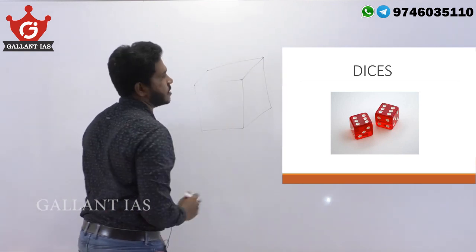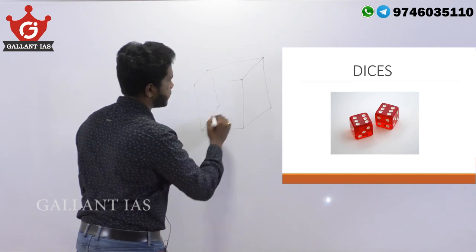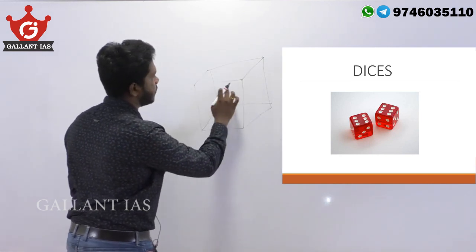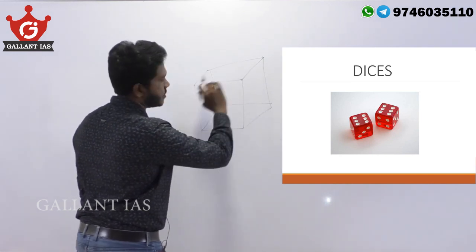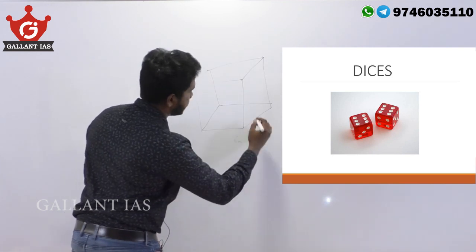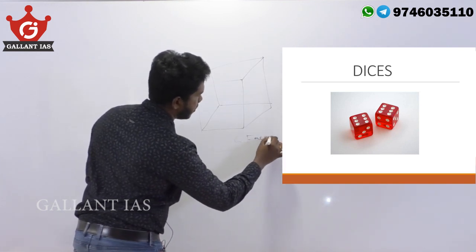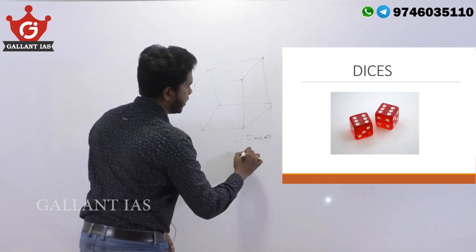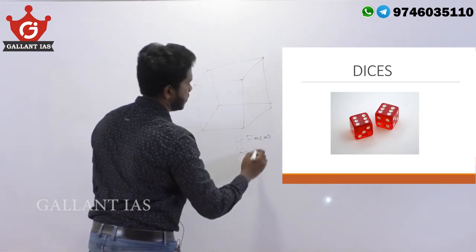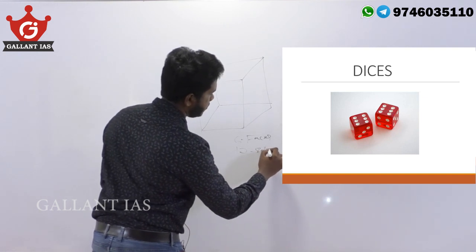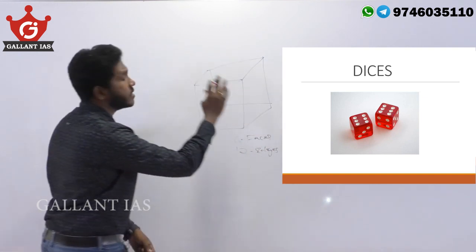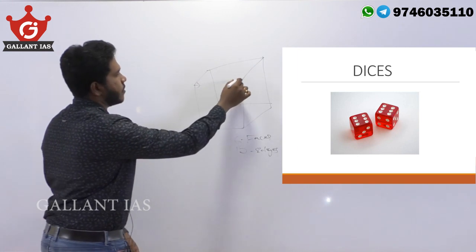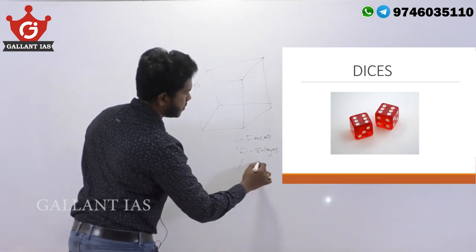It has 6 sides, right? 1, 2, 3, 4, 5, and 6. It has 6 faces. A cube has 6 faces and 12 edges. These are the edges, 12 edges, and 8 corners. These are the corners, 8 corners.